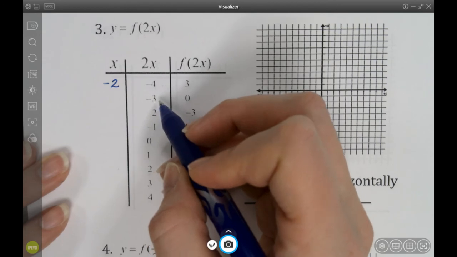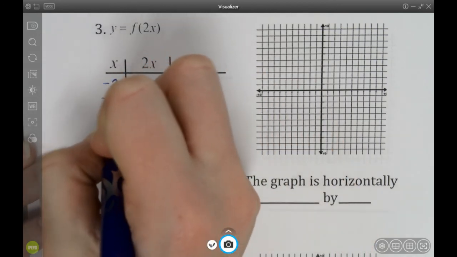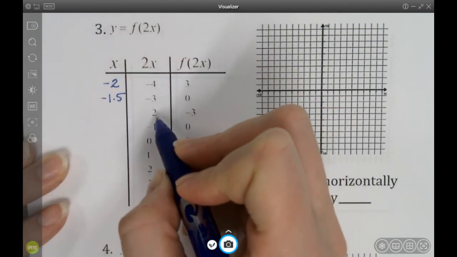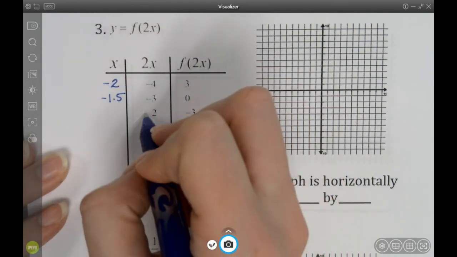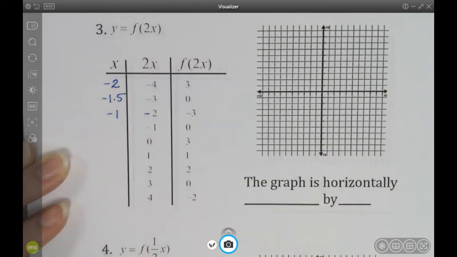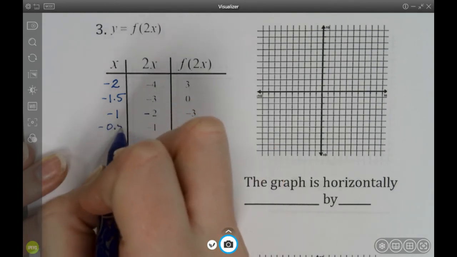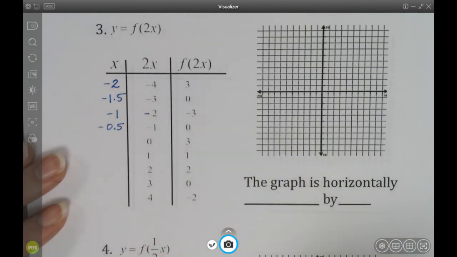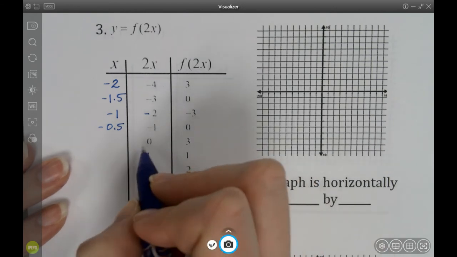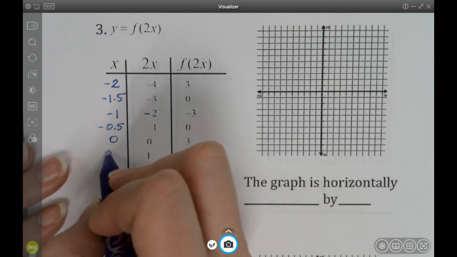How about that? Negative 1.5. 2 times what gives you negative 2? Negative 1. 2 times negative 0.5 is negative 1. 0 divided by 2 is 0, and so on.